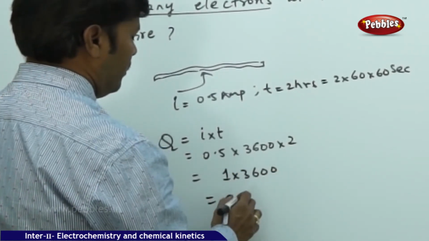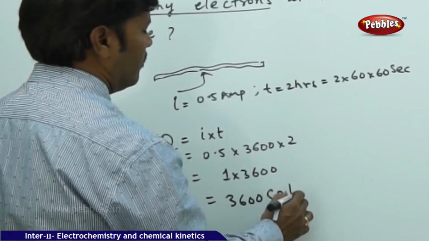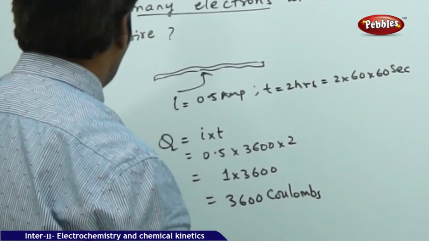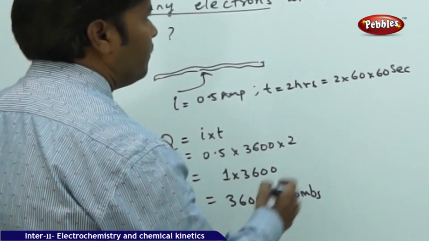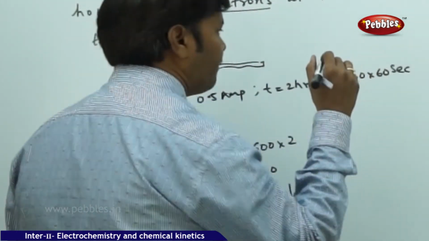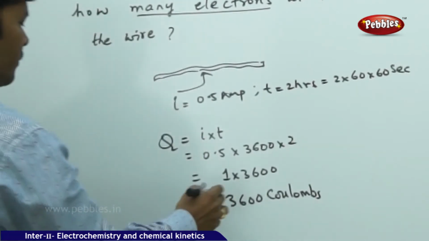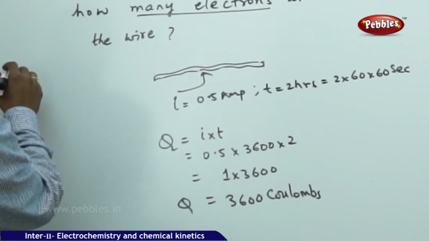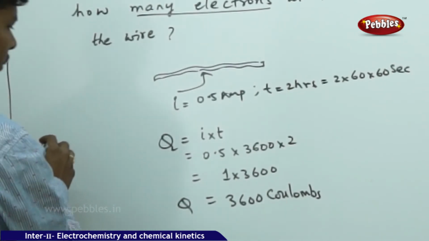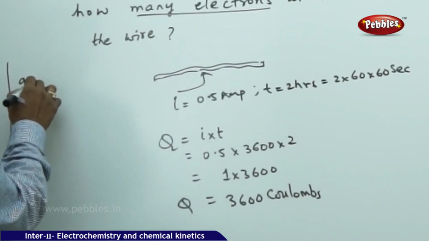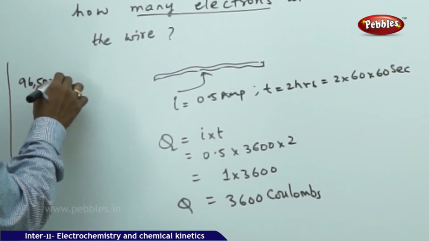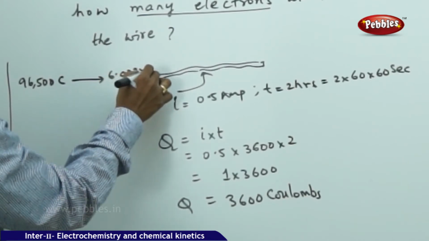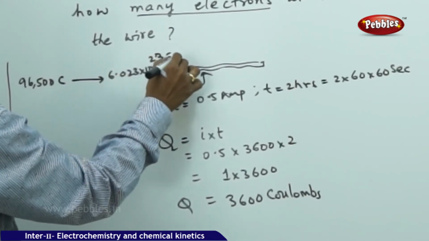This is going to become 3600 coulombs, because charge is expressed in coulombs. Since we now know Q is equal to 3600 coulombs, we also know that at STP, for every 96,500 coulombs of charge, 6.023 into 10 to the power of 23 electrons will flow in a conducting wire.